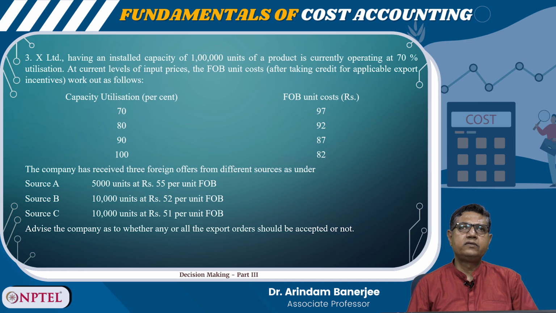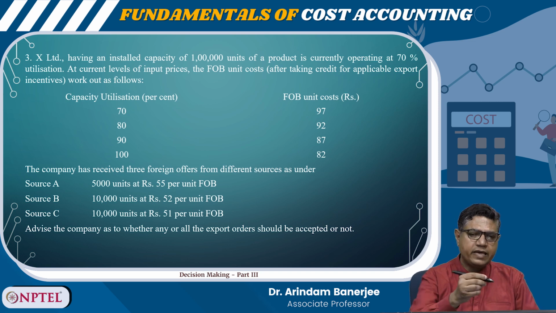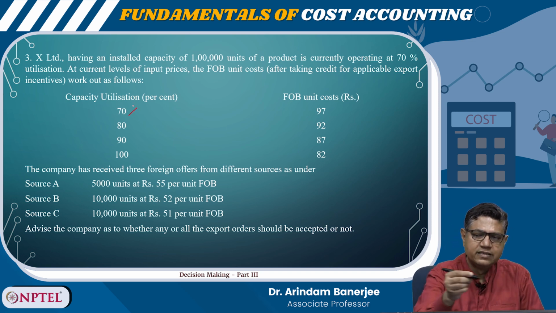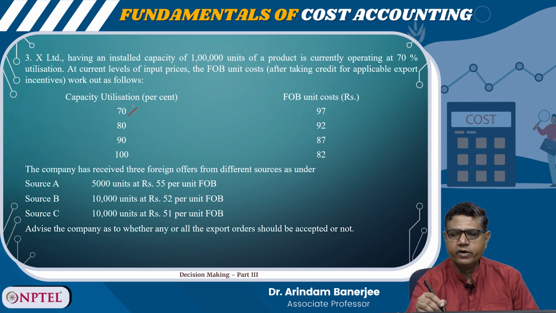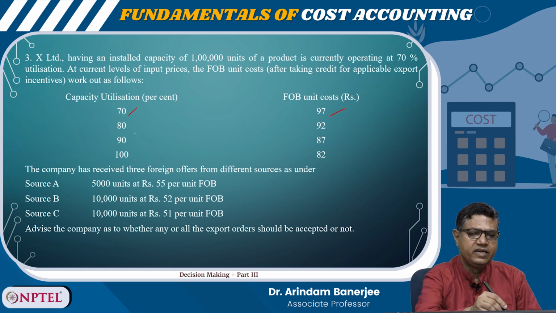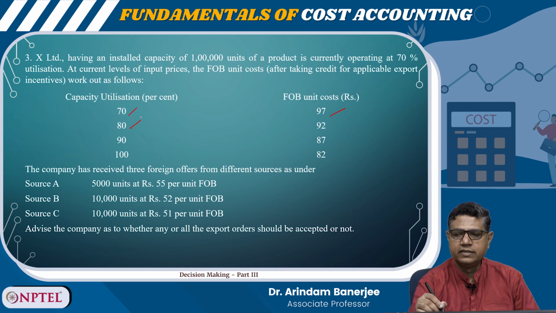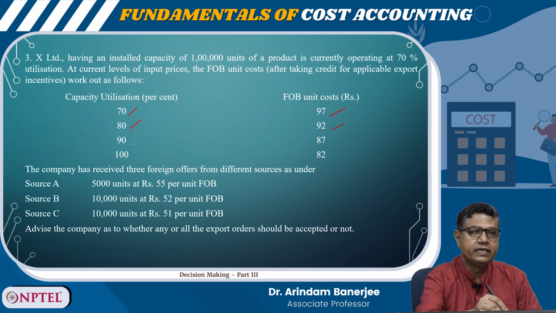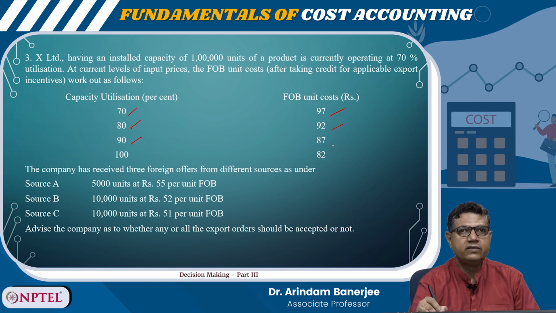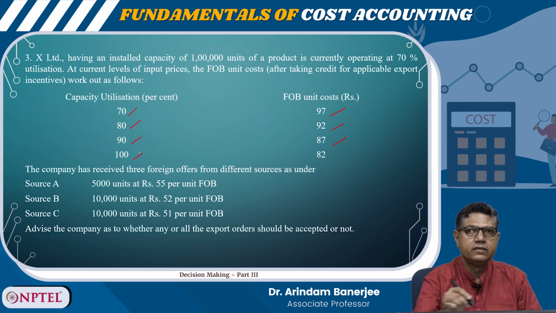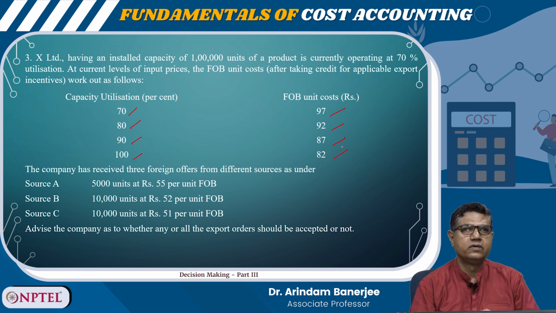At current levels of input prices, the FOB unit costs after taking credit for applicable export incentives work out as follows. If the capacity utilization is 70, then the FOB unit cost is 97. If it is 80, then it is 92. If it is 90, then 87. If it is 100, then it is 82, right.